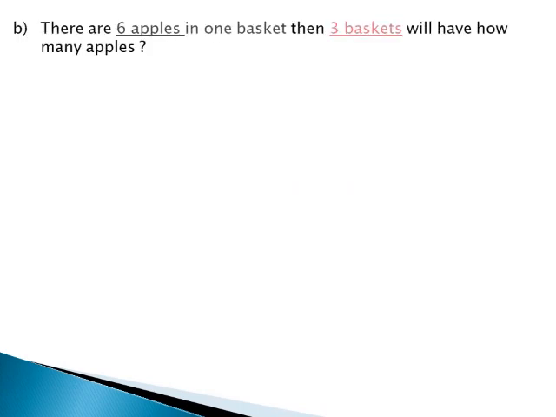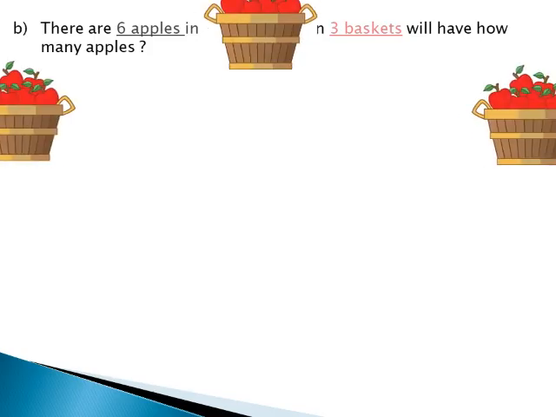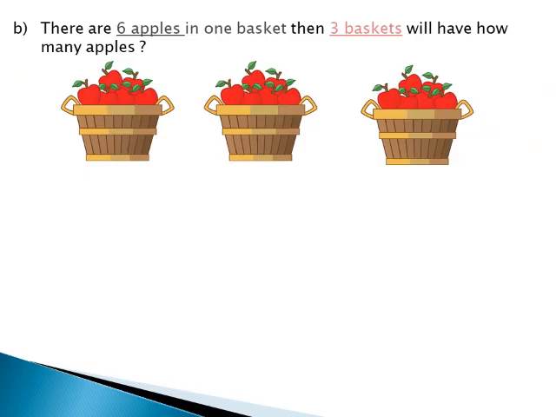Let's take another example. There are 6 apples in one basket. Then 3 baskets will have how many apples? Number of baskets 3. Number of apples in each basket 6. We have to find how many apples are there in all.